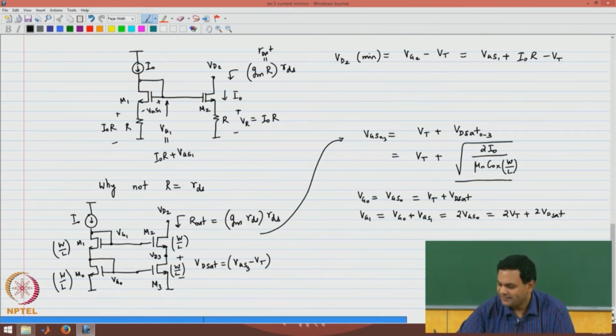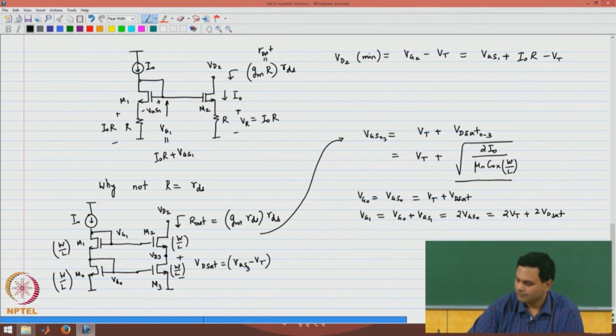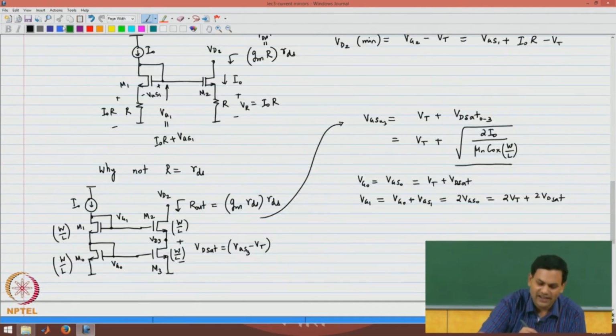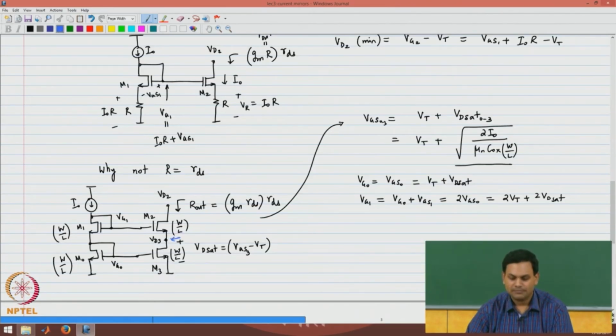What about VD3? The voltage at the drain of M3 is going to be biased at one VGS below VG1. So I am going to find out VG1 and then subtract VGS2 from that. That will give me VD3.